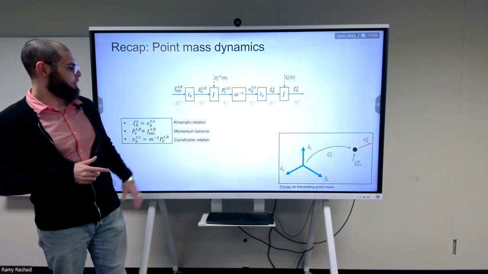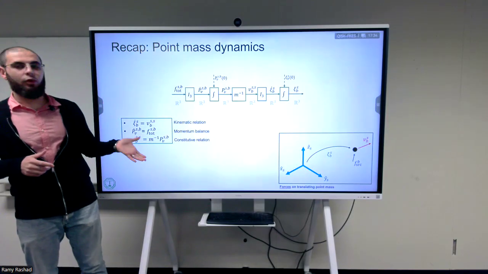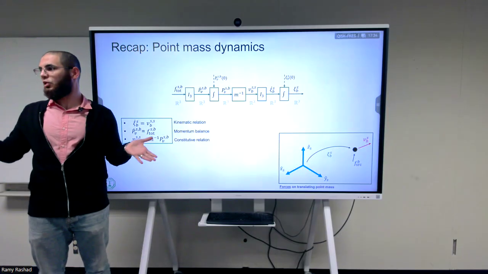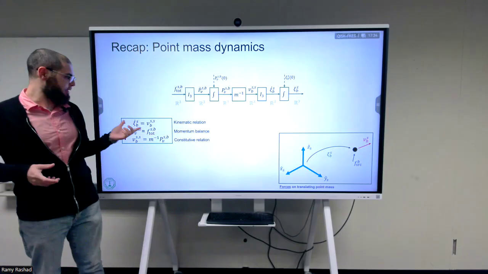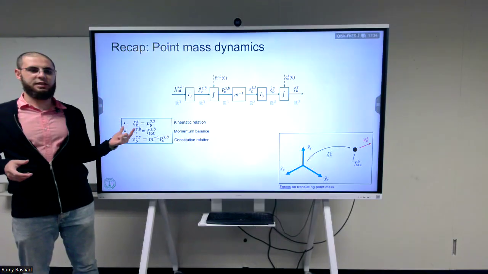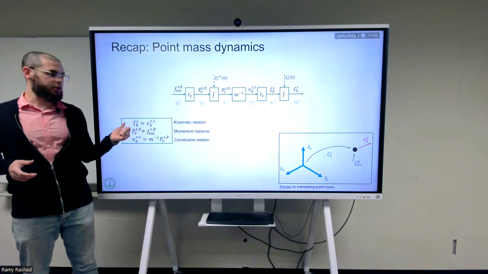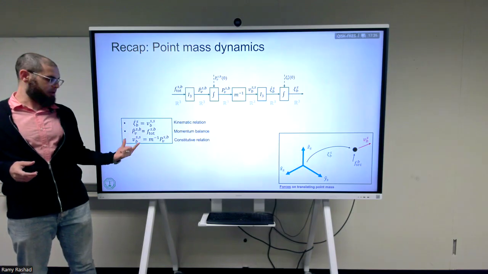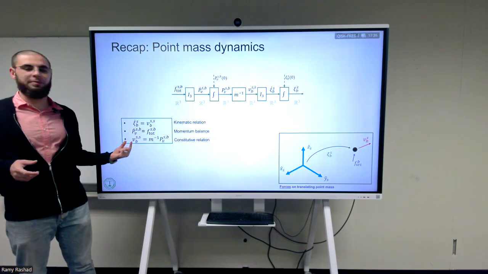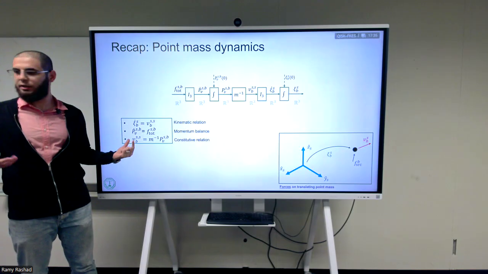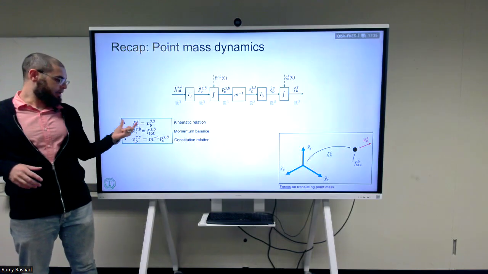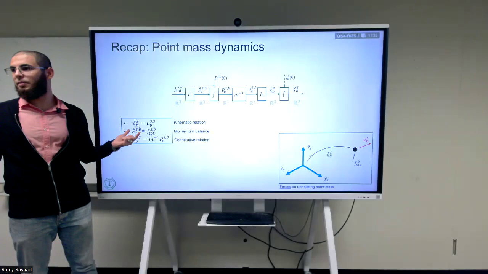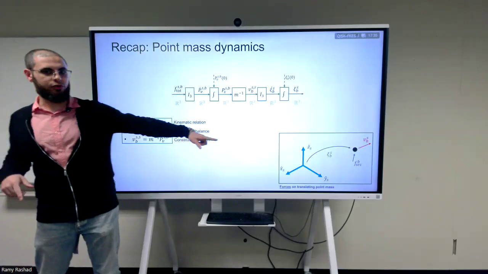So when you want to do the dynamics of translating point masses, in the end, you just have a kinematic relation between velocity and position. And you have the rate of change of the momentum. How is the momentum defined? It is simply the inertia multiplied by the velocity. And here, for the rate of change of the momentum, you always need to choose an inertial frame.